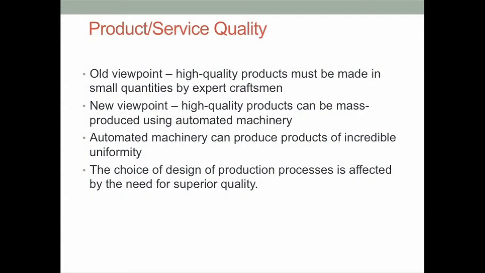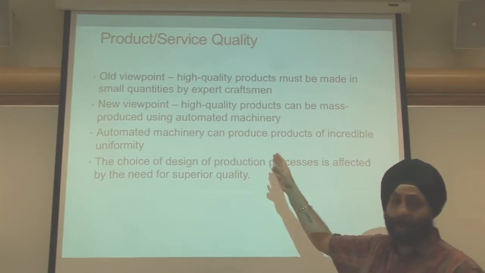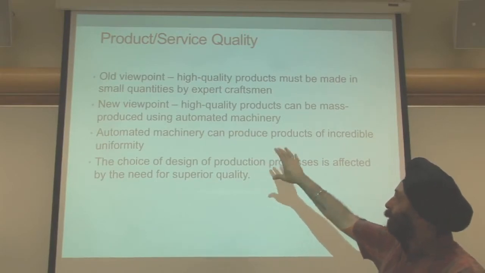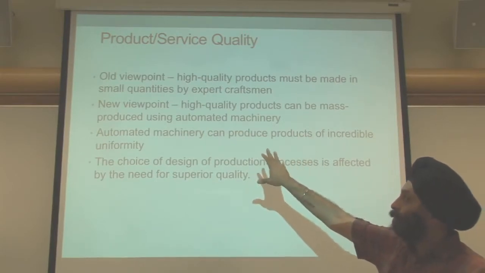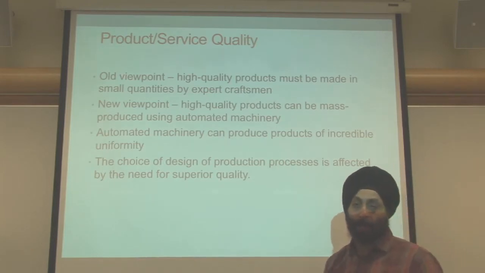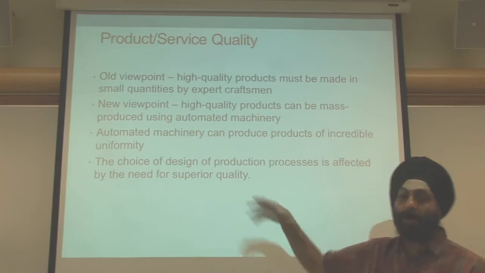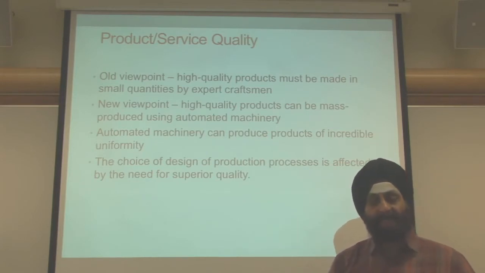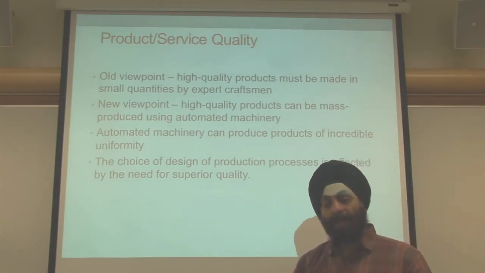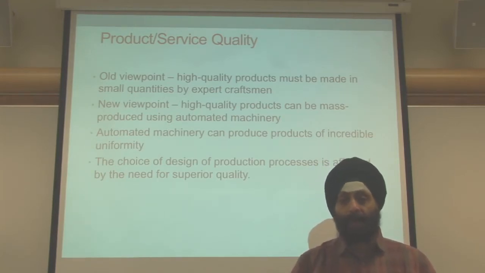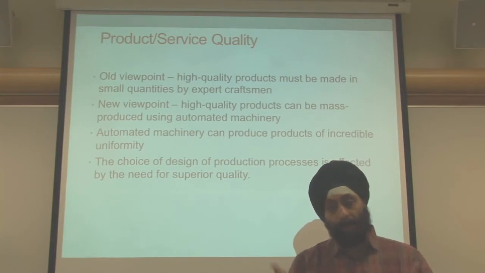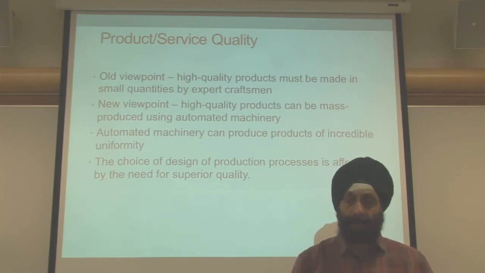The old viewpoint is that high quality products must be made in small quantities by expert craftsmen. But the new viewpoint is that high quality products can be mass produced using automated machinery, as we talked about earlier. Automated machinery can produce products of incredible uniformity consistently. If ketchup bottles are being filled at a manufacturing plant, a Heinz plant, every single bottle can be expected to have the requisite amount of ounces.